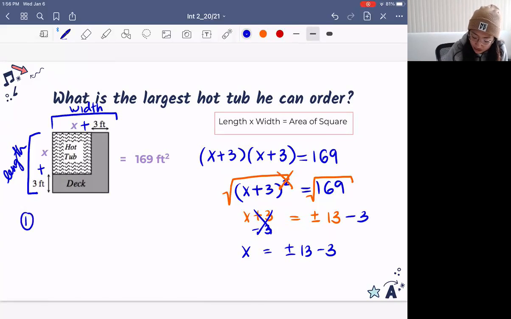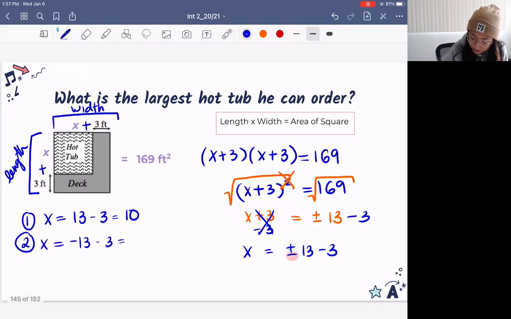So our first value is going to come from positive 13 minus 3. And then our second value is going to come from negative 13 minus 3. So if I were to solve for that, that equals 10. And if I were to solve for the second one, that's going to give me -13.